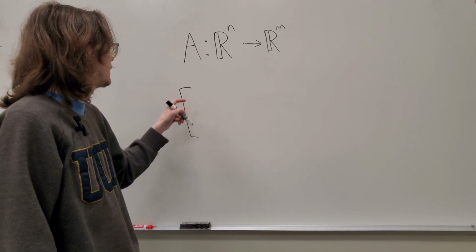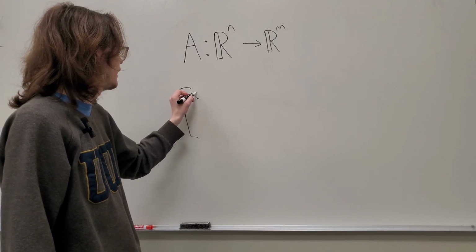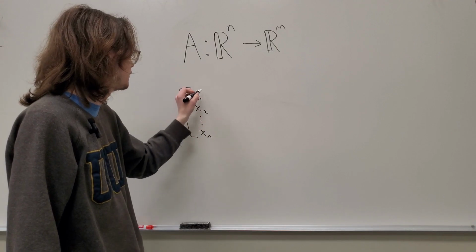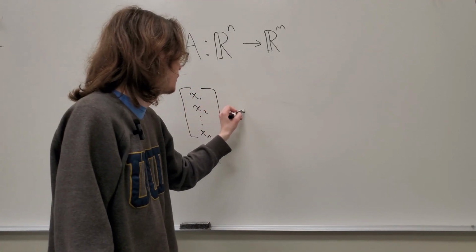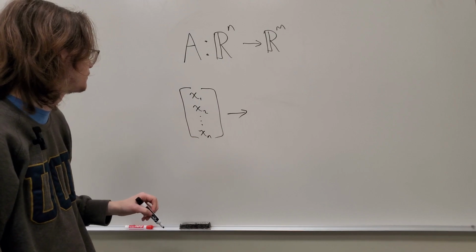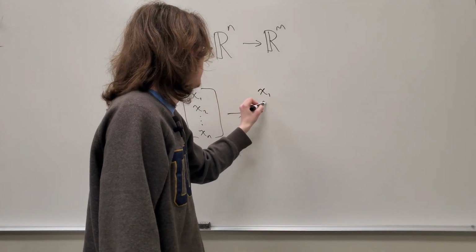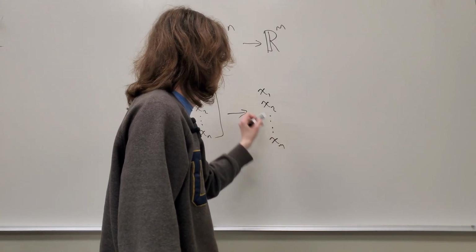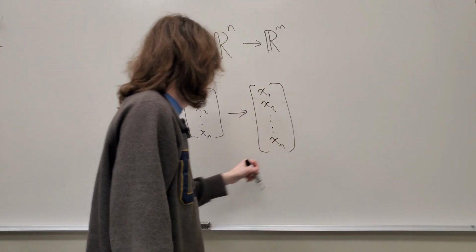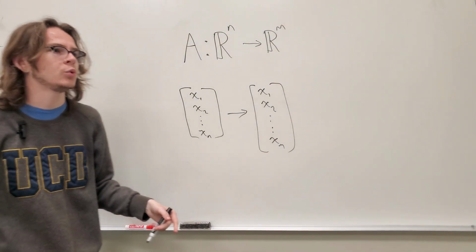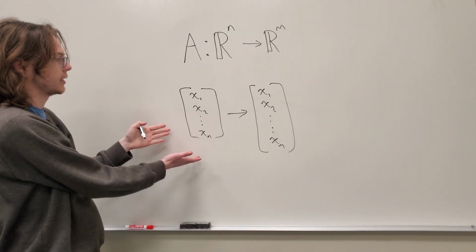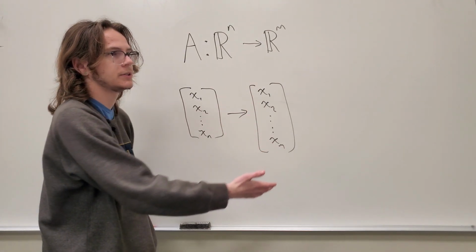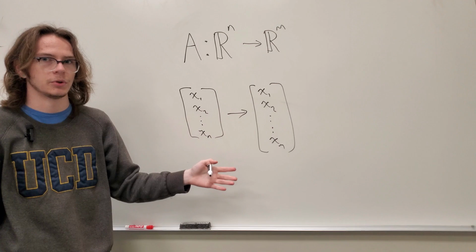Let's say that you've got some vector x1, x2, down to xn, and you are mapping it to x1, x2 to xm. So assuming that n and m are not equal, you are taking some vector as your input, and you are getting a vector with a different length as your output.